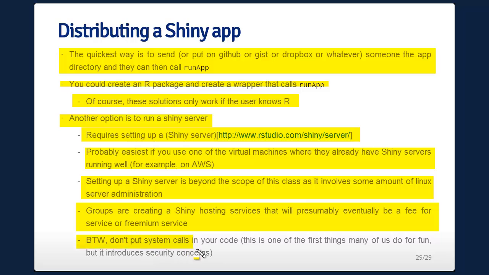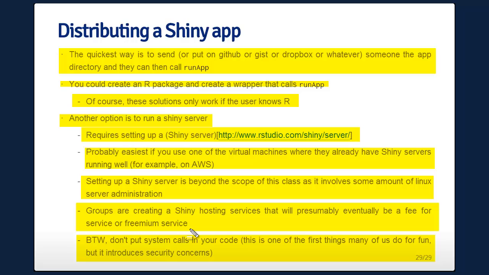By the way, if you're like me, one of the first things you did when you found Shiny was try to extend it kind of ludicrously, and R has the system call where you can call, for example, the Unix terminal. Don't do that. Don't put system calls in your code.